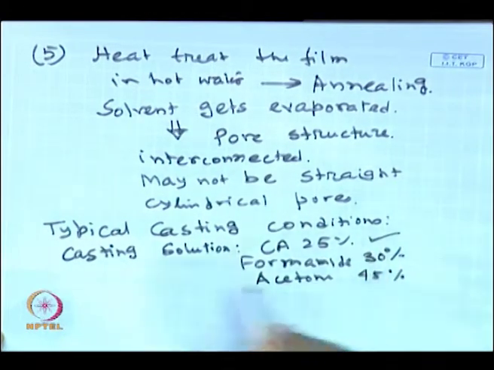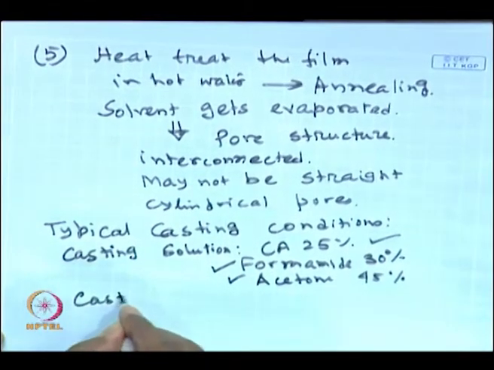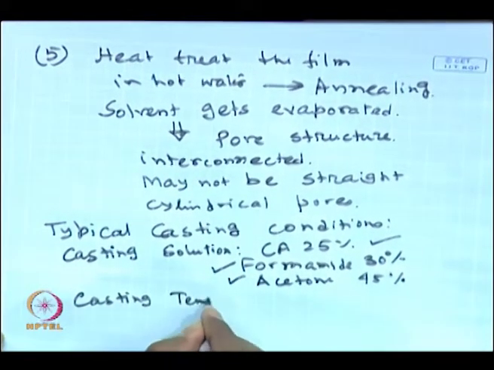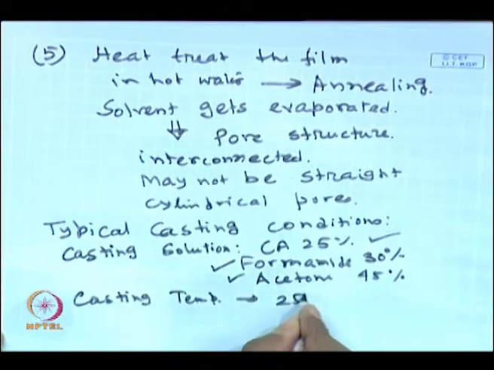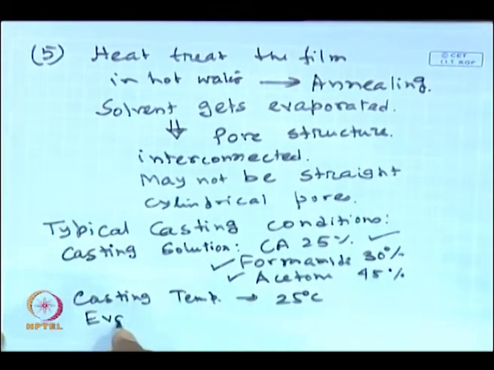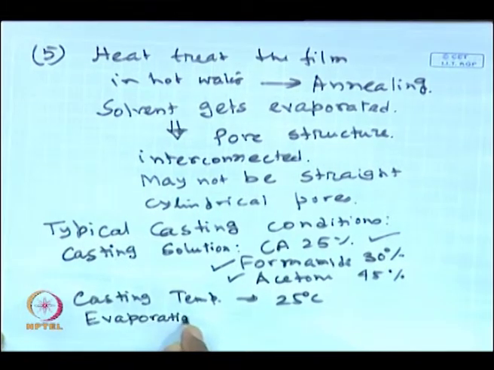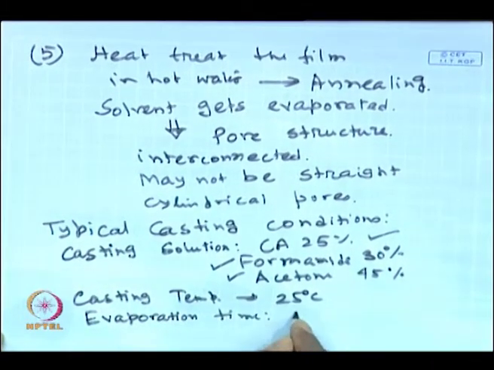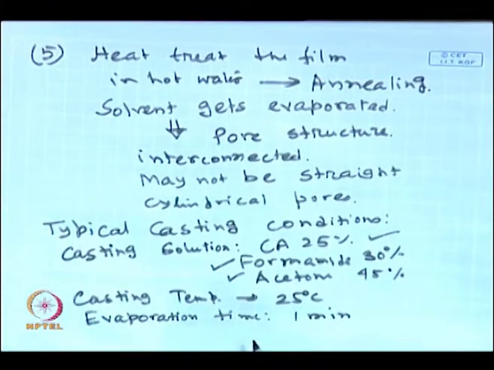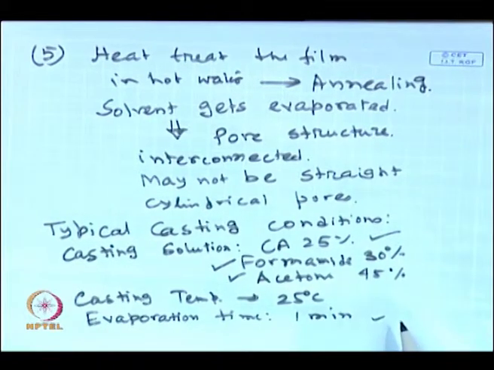This is the polymer, this is a solvent, and acetone is another solvent. Casting temperature is 25 degrees centigrade, and evaporation time is 1 minute. What is evaporation time? Evaporation time is the time duration for evaporating the solvent. That means when you put it in the ice water bath for 1 minute, during that time the evaporation will take place, and the pore network will be produced.